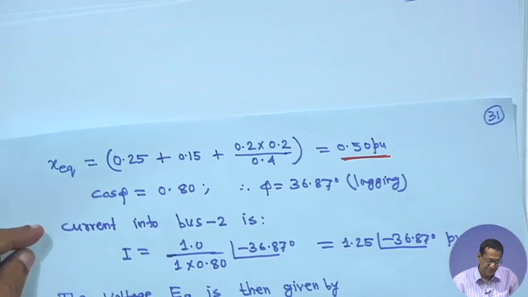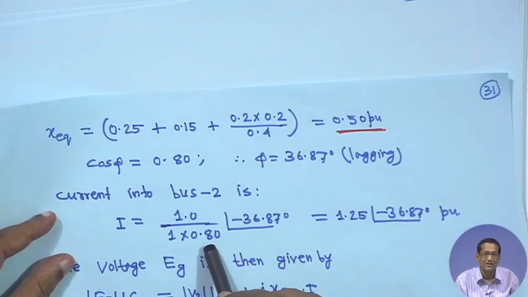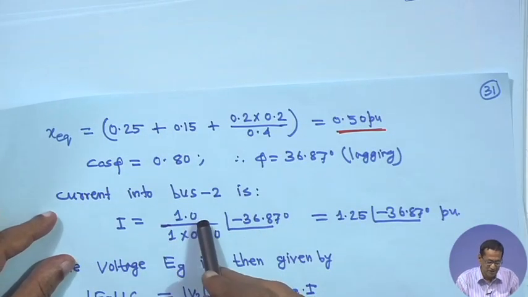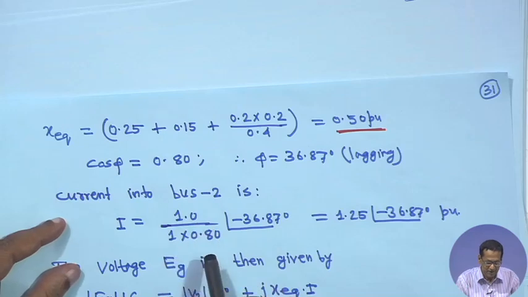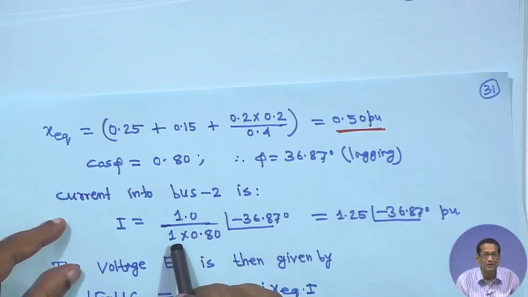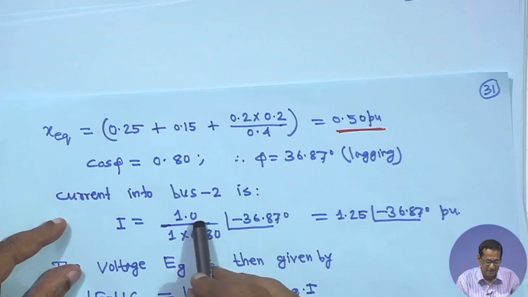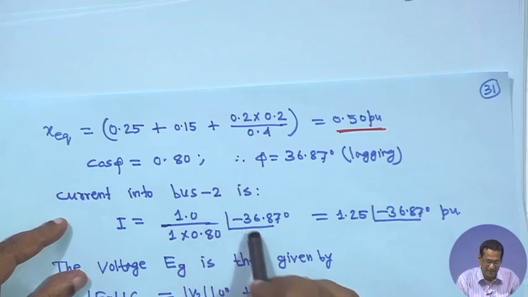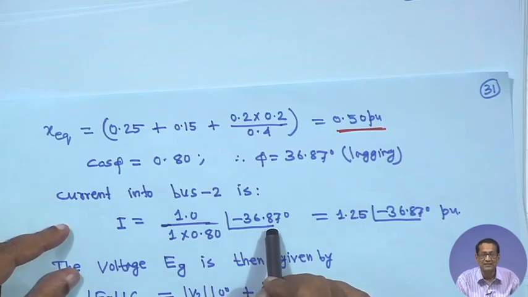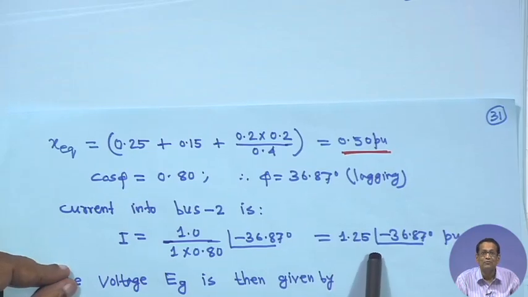That means the power at bus 2 is V I cos phi, so I is equal to 1, this is the input power, and this is your infinite bus voltage, into 0.8, the power factor given. So, V I cos phi is equal to 1, but lagging. So, I is 1.25 angle minus 36.87 degrees.